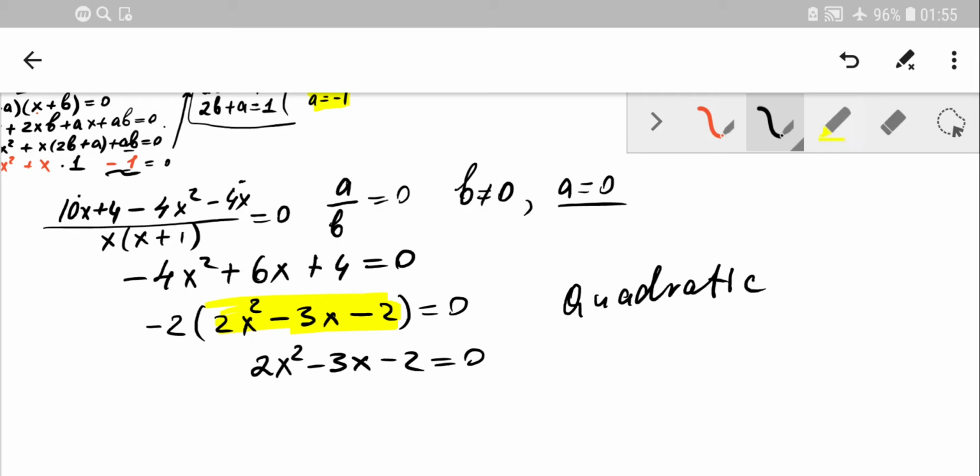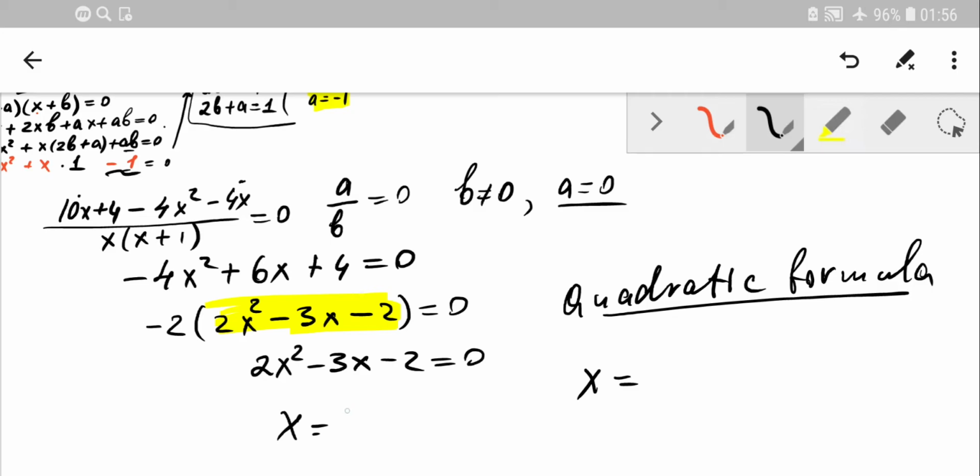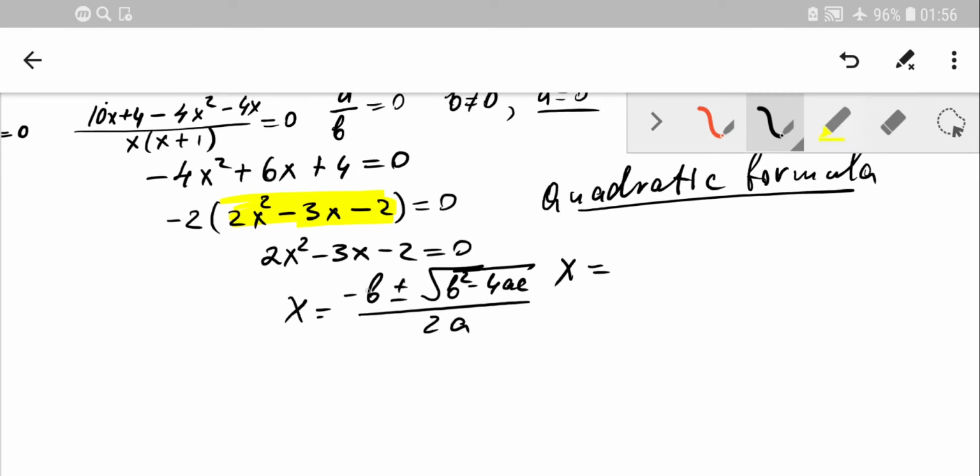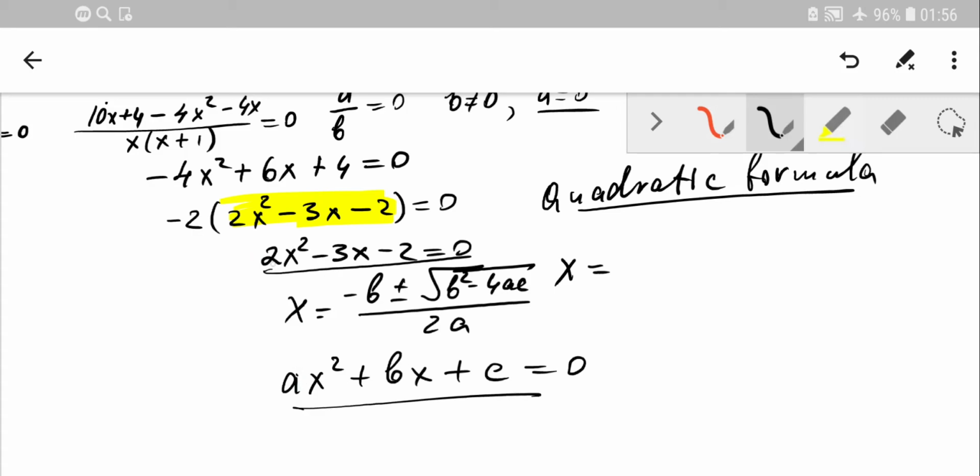The formula for the x solutions works like this: minus b plus or minus the square root of b squared minus 4ac, over 2a. To get the a, b, c values, remember the general quadratic equation in standard form. You compare it, and you establish the values: a is 2, b is -3, and c is -2.